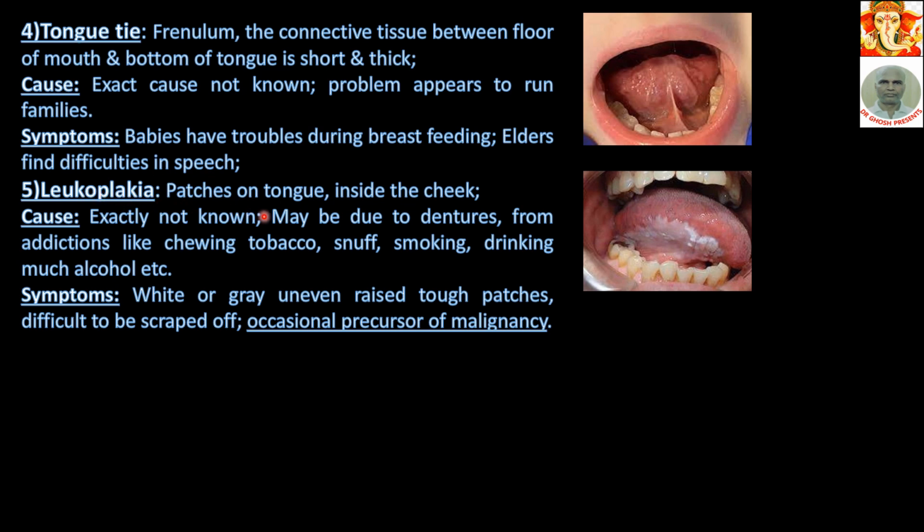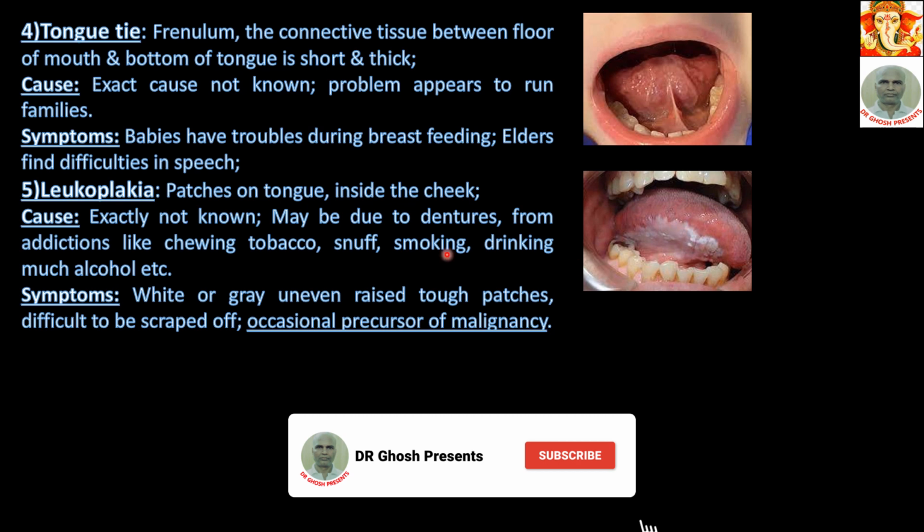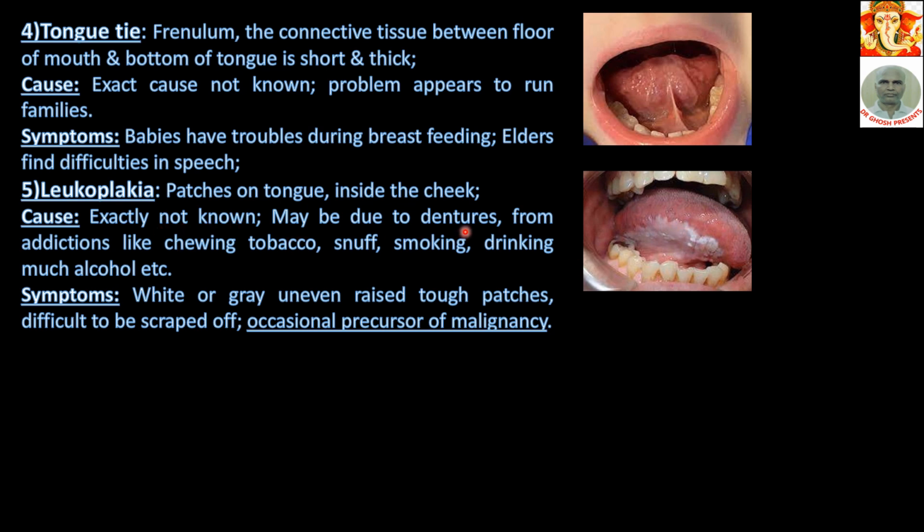Leukoplakia, patches on the tongue and inside the cheek. Cause: exact cause not known. Maybe due to dentures, that is, various gadgets that we use on our teeth, or from addictions like chewing tobacco, snuff, smoking, drinking much alcohol, etc. Symptoms: white or grey, uneven, raised, tough patches, difficult to scrape off.